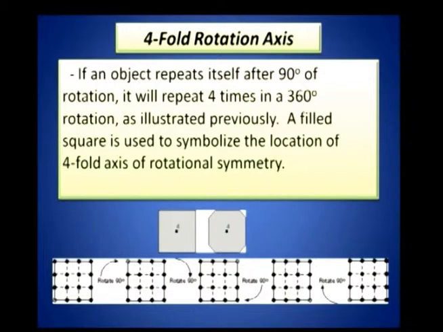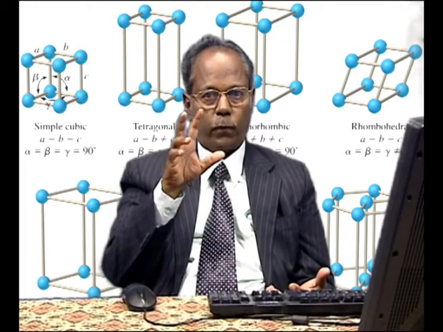I told you earlier, how do you define rotation symmetry? An object is said to have a 4-fold rotation, provided, how do you get 4? 360 by 90. An object is said to have a 2-fold rotation axis, because 360 by 180. A rectangle will have a 2-fold rotation axis, a square will have a 4-fold rotation axis.